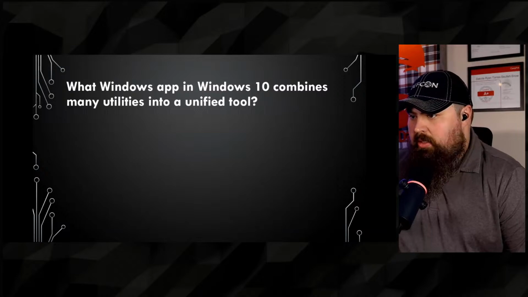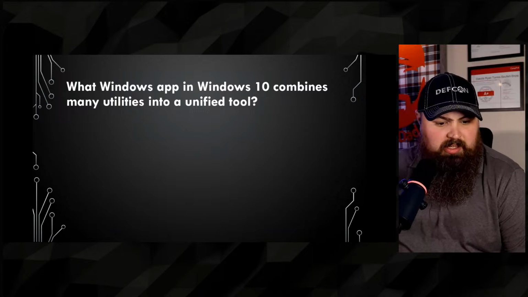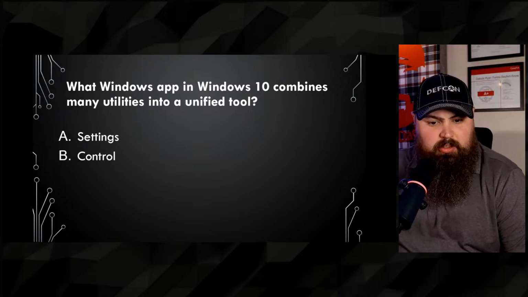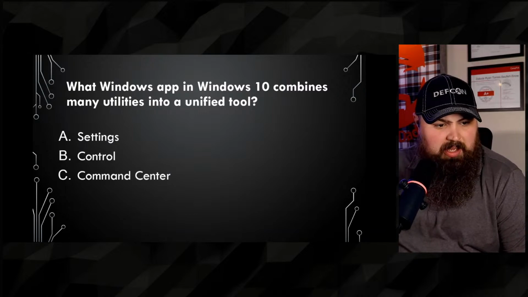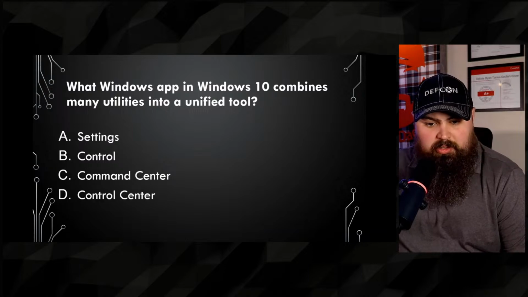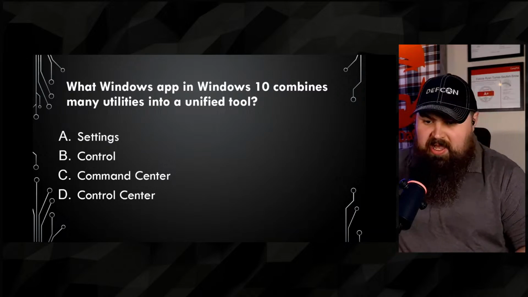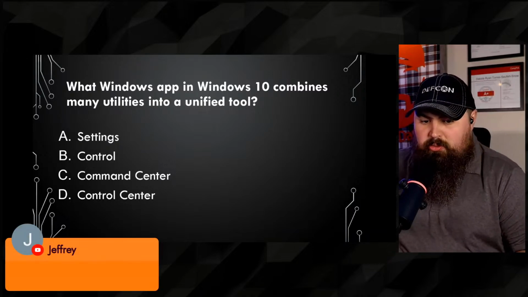Okay. So which one of the apps in Windows 10 combines many utilities into a unified tool? Is it A, settings, B, control, C, command center, or D, control center? Jeffrey is asking, is this for Core 1 or Core 2?